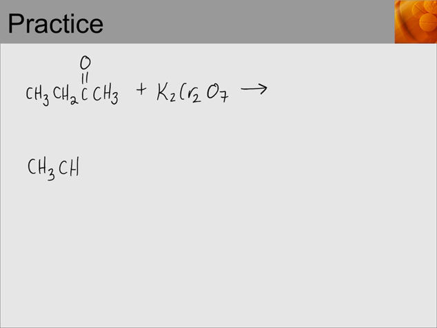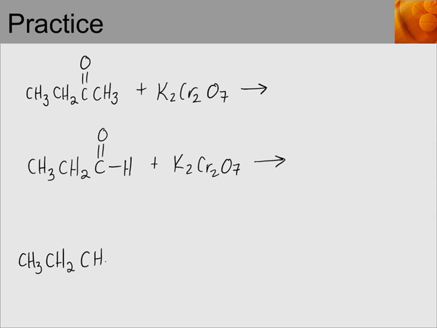In the second problem, we have something similar. And in the third problem, we'll do something a little different. Okay, so see if you can figure out the products for these three reactions. So you can pause the video, and when you're done, we'll go over it together.